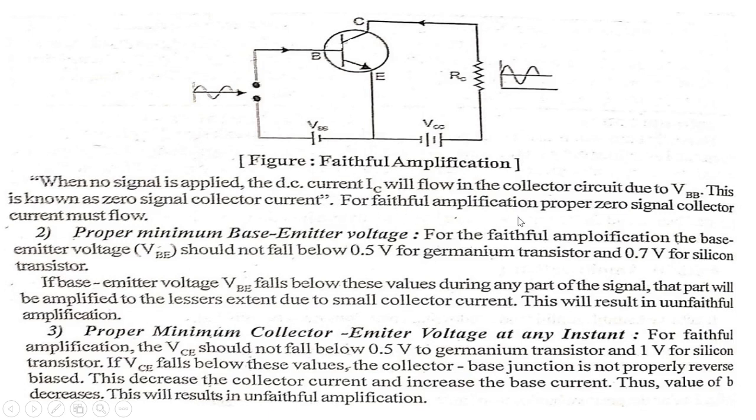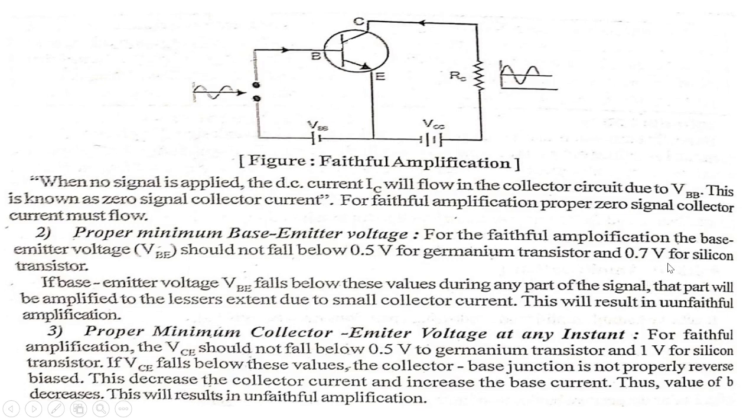Now, for faithful amplification, proper zero signal collector current must flow, and the second condition is proper minimum base emitter voltage. So, the base emitter voltage VBE should not fall below 0.5 volt for germanium, and 0.7 volt for silicon.